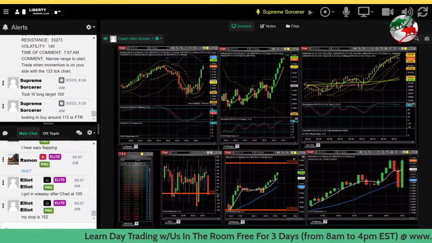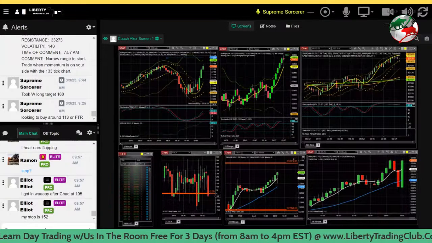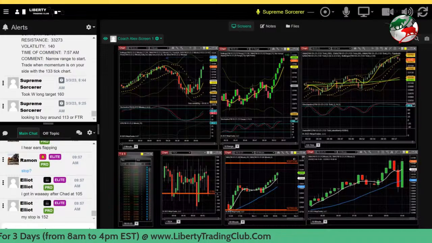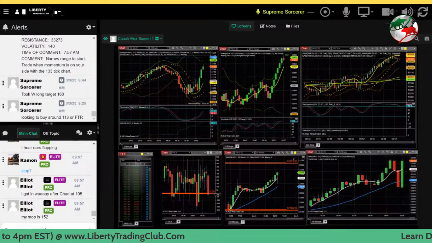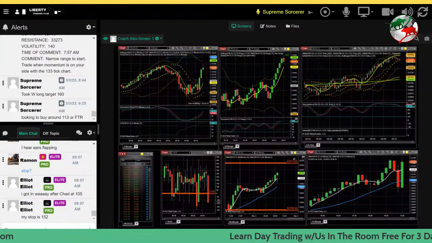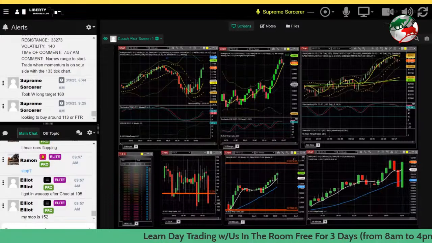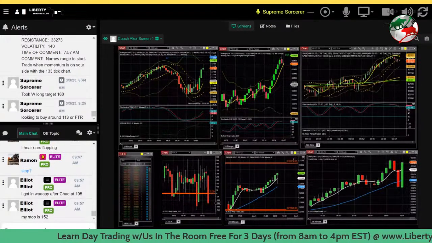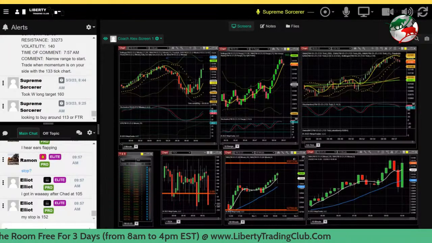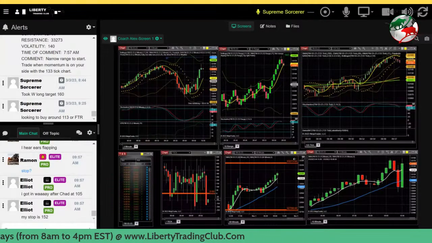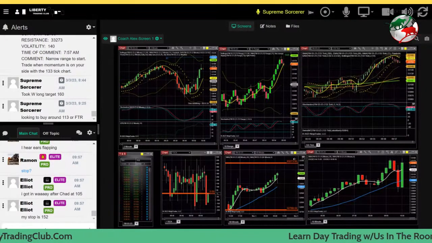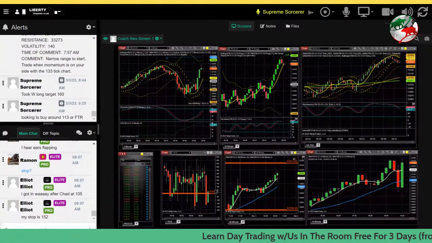There's the 80. What do we get to there? $79. Off by 2 ticks. Off by two whole ticks.